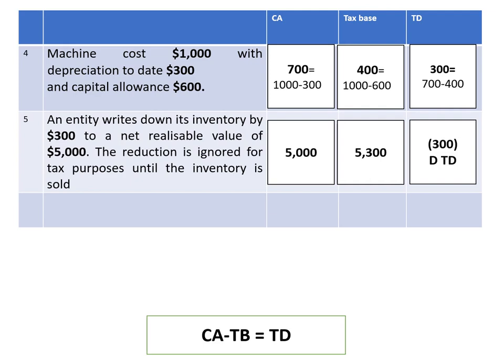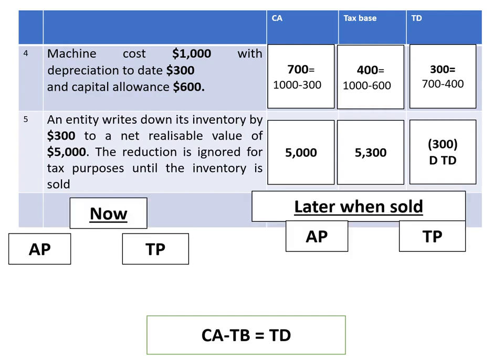Therefore, we have more deductions that are going to come about in future. In other words, when inventory is recovered, it's going to go through cost of sales. For tax purposes, they are going to give us a deduction of 5,300, whereas we have already taken out 300, so there's a difference. So we have more deductions, more tax savings coming up in future, and therefore that's a deductible temporary difference. If you multiply that by our tax rate, we end up with a deferred tax asset.